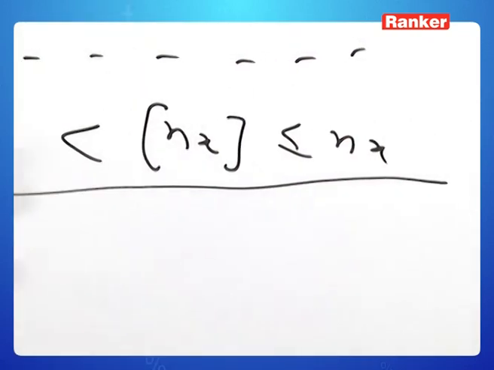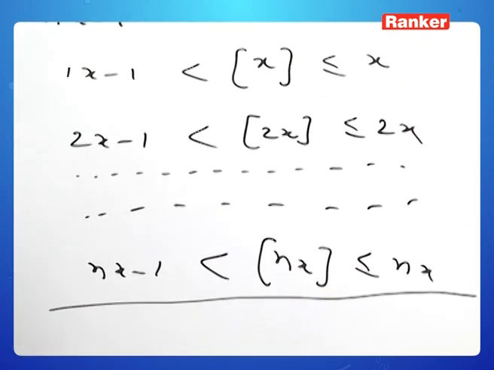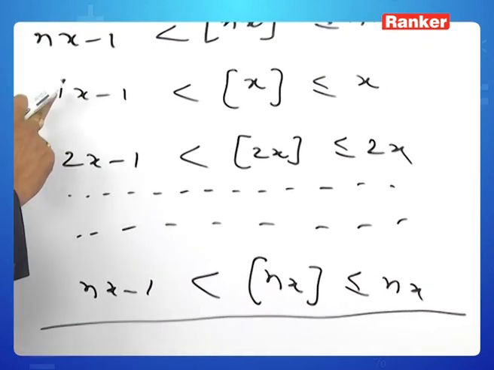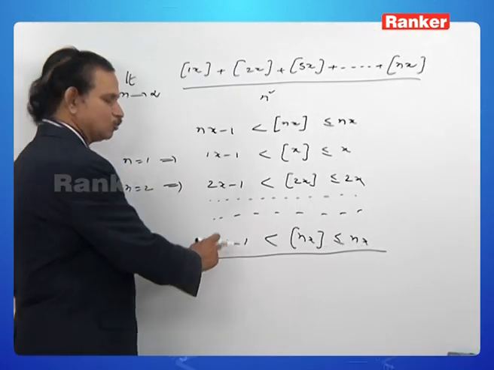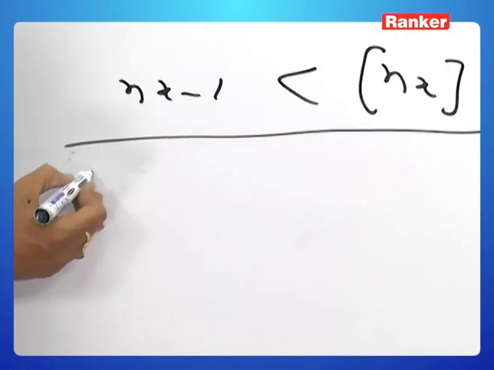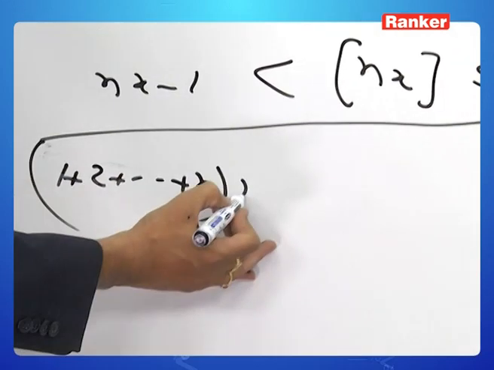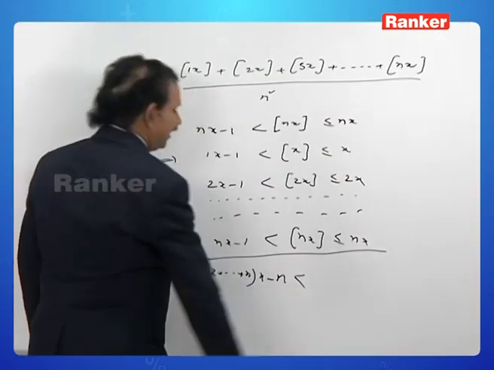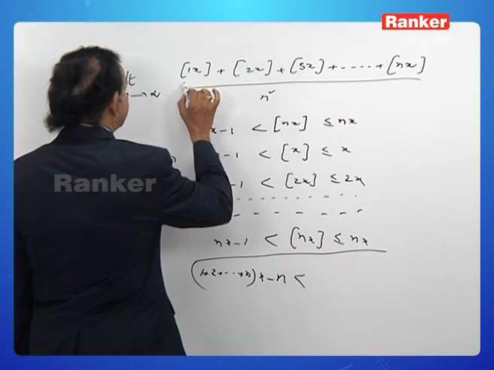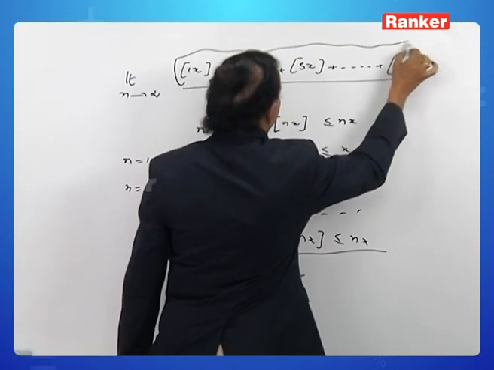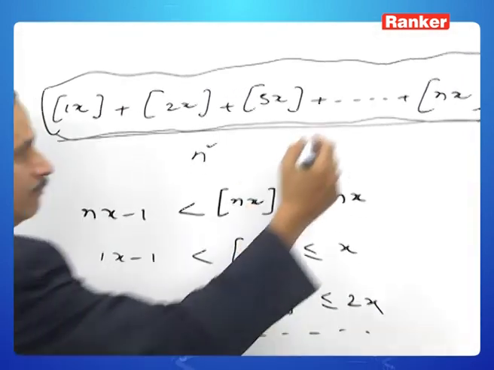Now let us add all these inequalities. What is going to happen? 1x plus 2x plus 3x plus 4x and so on up to nx is (1 plus 2 plus 3 and so on up to n) into x, minus n, less than the numerator of the required expression, which I call Sn.